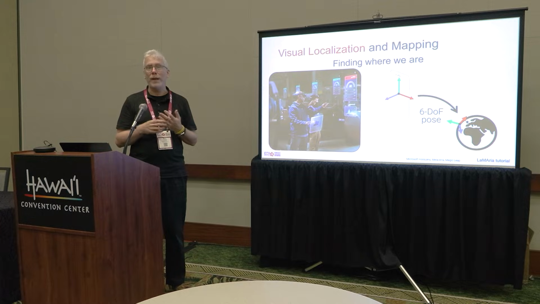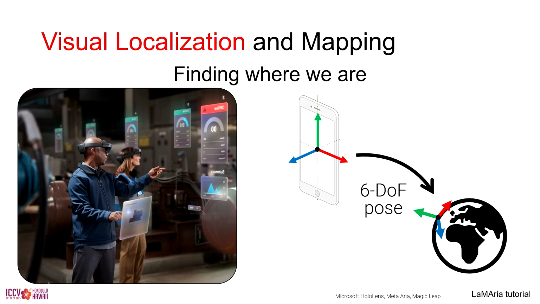We need to be able to localize these devices, like in this particular example, HoloLens or a phone, or Aria glasses, or other glasses in the future. You need to know exactly where the device is located.